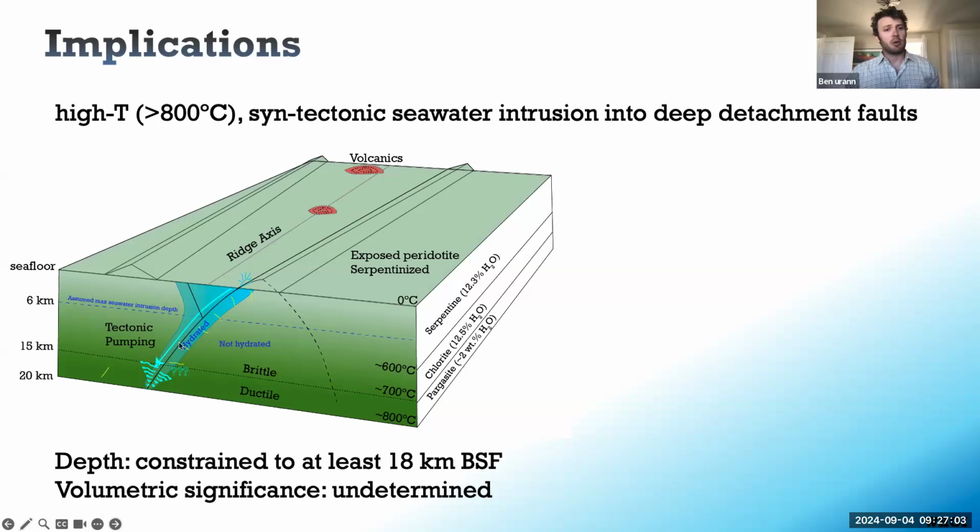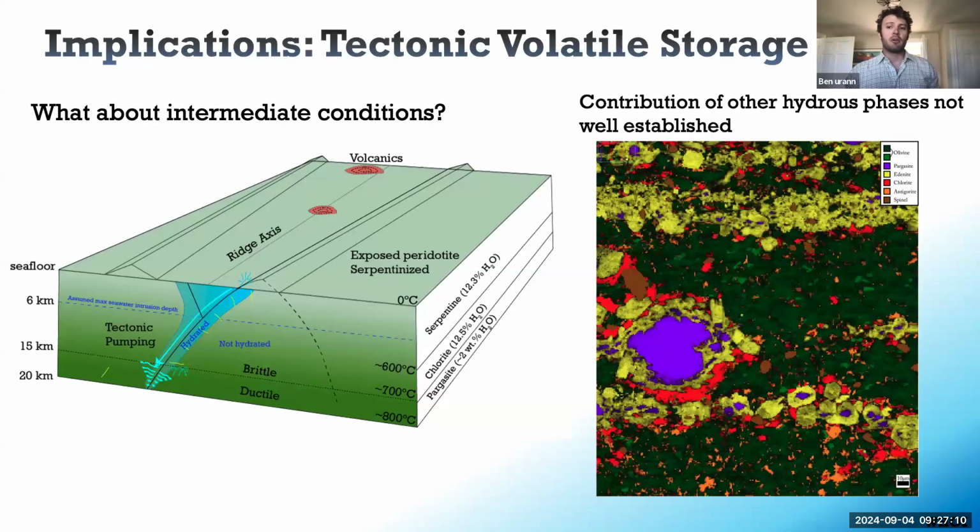But I've talked a lot about the highest temperature side of these things with the pargasite stability field. But if we return to the idea of the depth intervals between high temperature phases, the pargasite formation at 18 kilometers or more, and we consider the trajectory that this plate will be taking during uplift of the footwall, we also need to take into consideration the contributions from other hydrous phases, such as chlorite and serpentinites, which I've roughly shown on here with their thermal stabilities in this area over here.